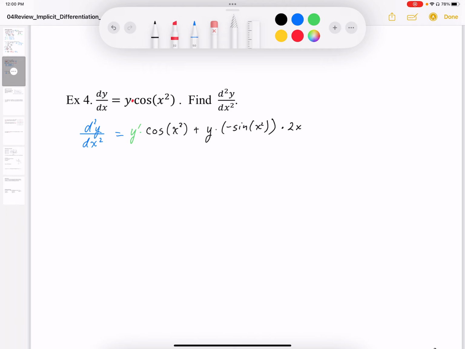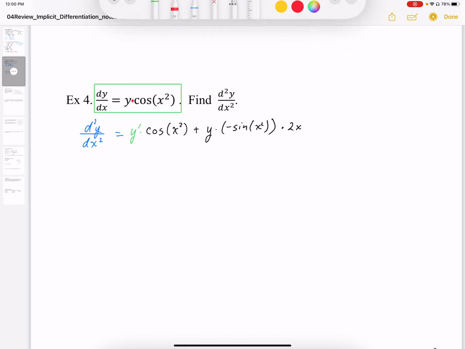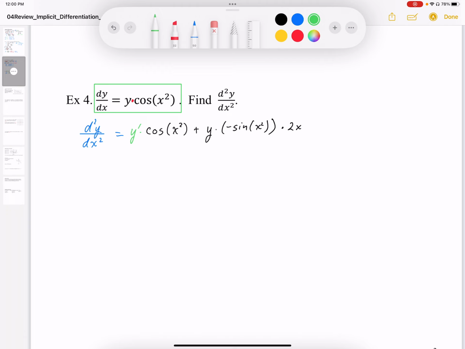Okay, and I want to make note that that dy by dx that I had originally is the same as y prime. So when I want to get rid of that y prime, I can do that by replacing it with the original derivative y times cosine of x squared.